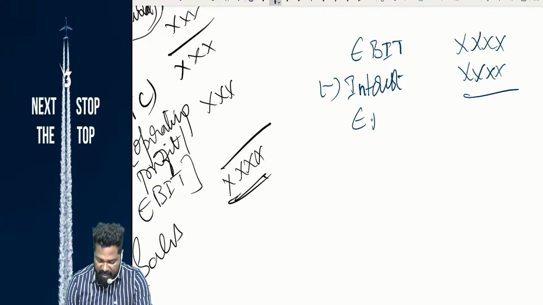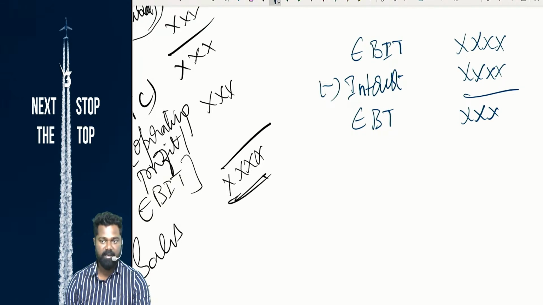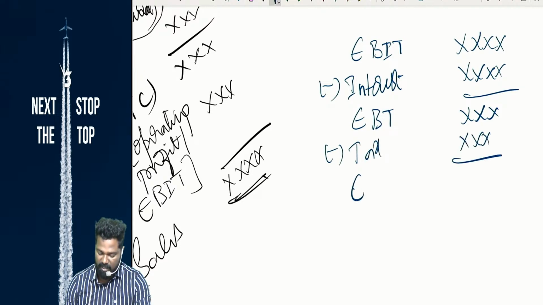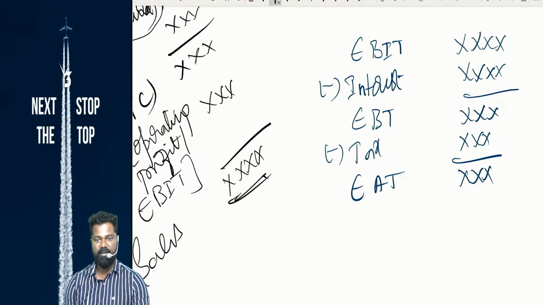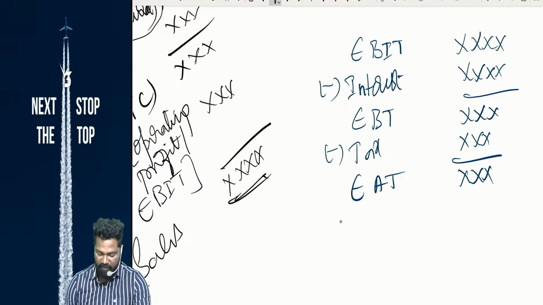Okay, then what we will get is EBT. What is that? Earnings before tax, less taxes. This is called earnings after tax. Are you there with me? Earnings after tax, less what? Preference dividend and all will come.